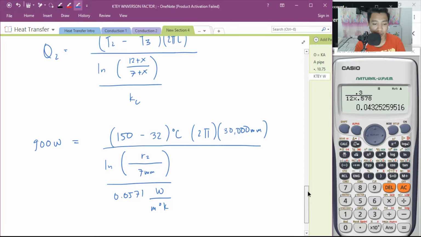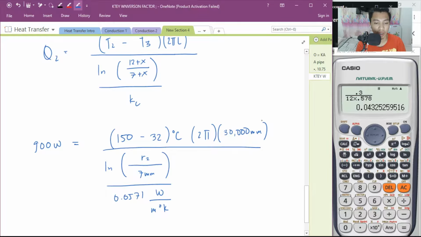2 pi L. Pag umangat to, paakit yan per meter, millimeter. 30 cm o 0.3 na lang to. Gawin ko na lang 0.3 meters para ma-cancel yung meter. Ang matitira, millimeter.